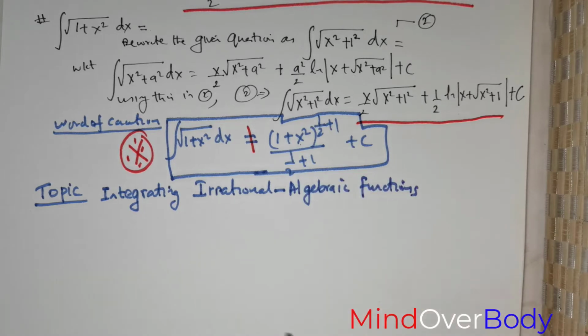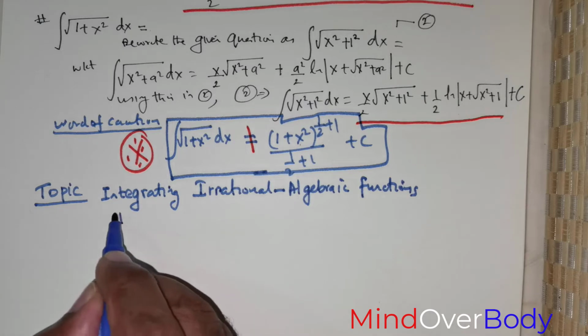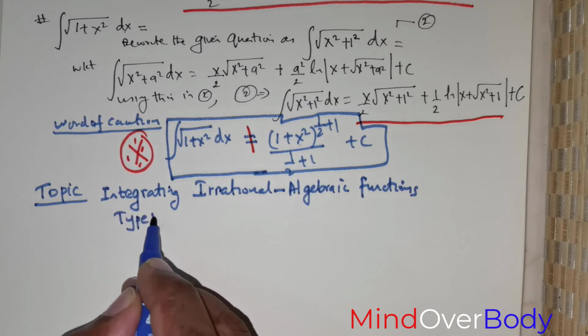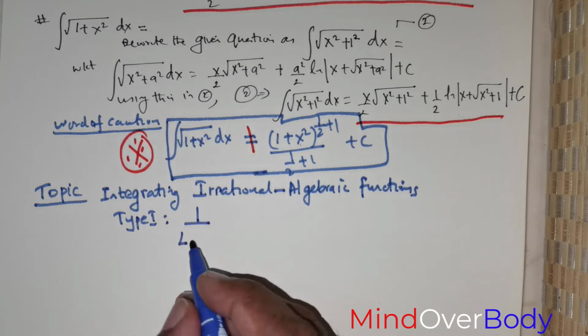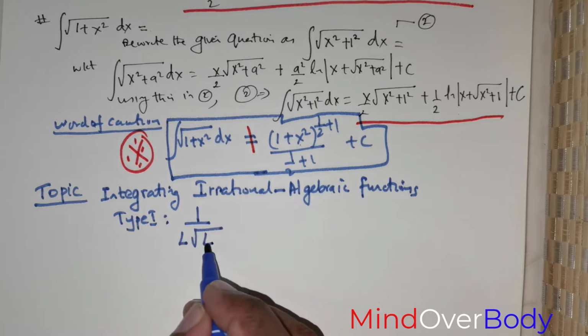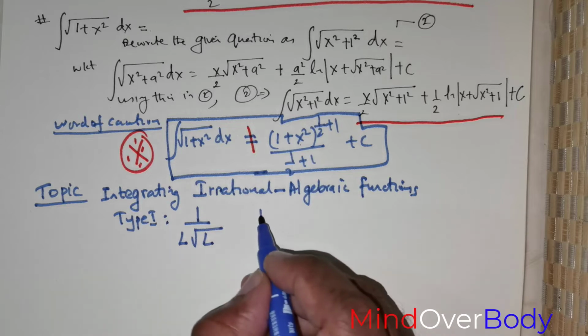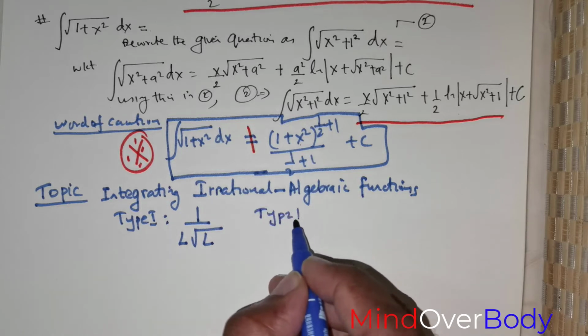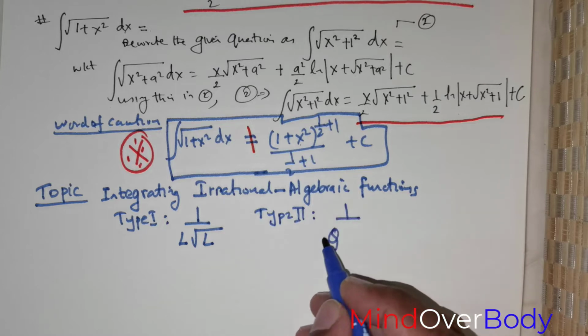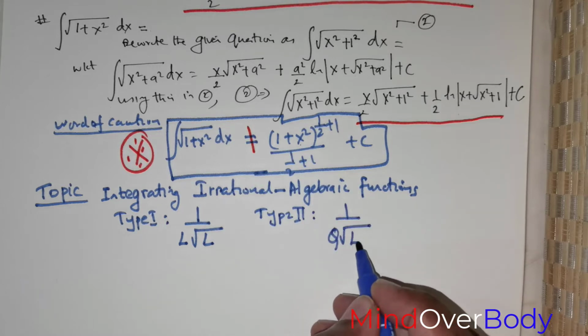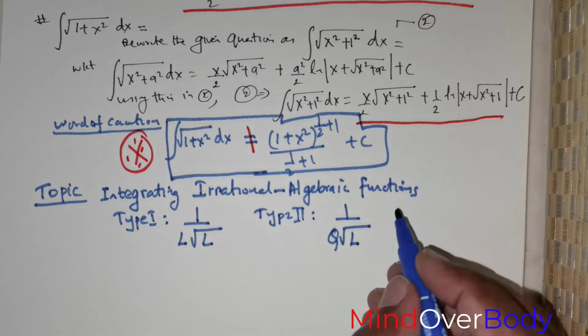Now there are 4 types in this, so this is type 1. In type 1, the form is 1 over a linear function times the root of a linear function. In type 2, we get 1 over a quadratic function with a root of a linear function. This is type 2.